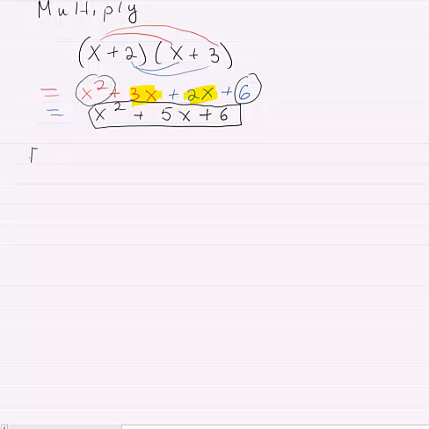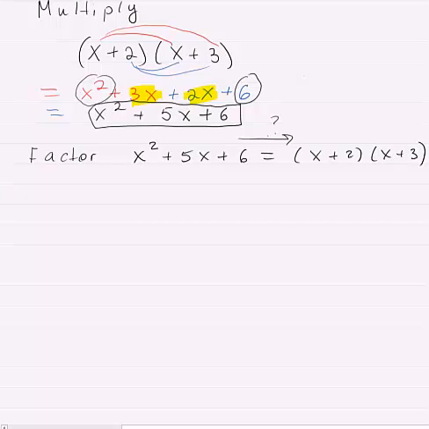How do we start with this original polynomial, x squared plus 5x plus 6, and end up with those factors, x plus 2 times x plus 3? For this section and the next section, that's what we're going to be doing.